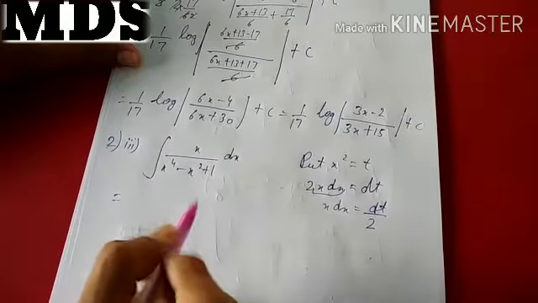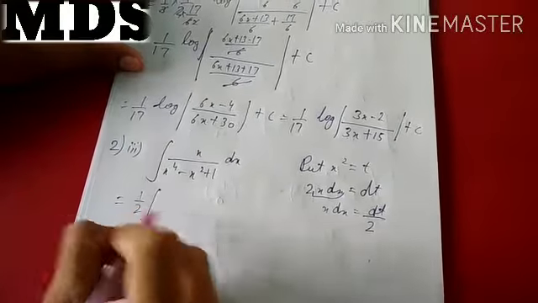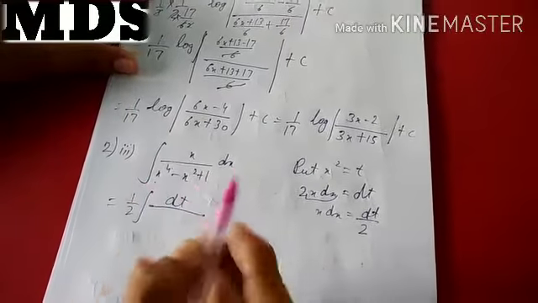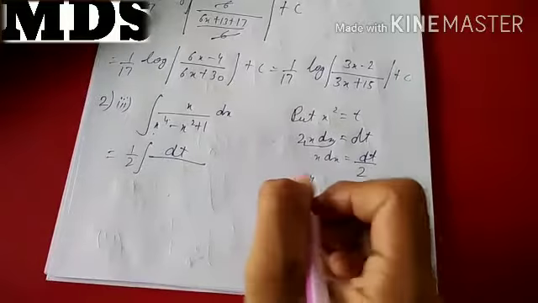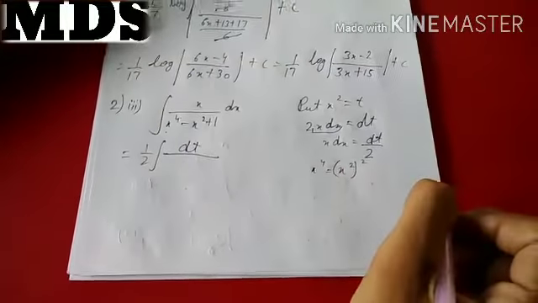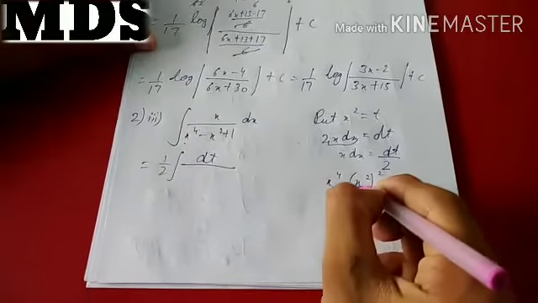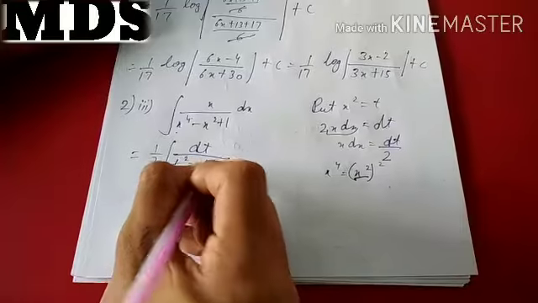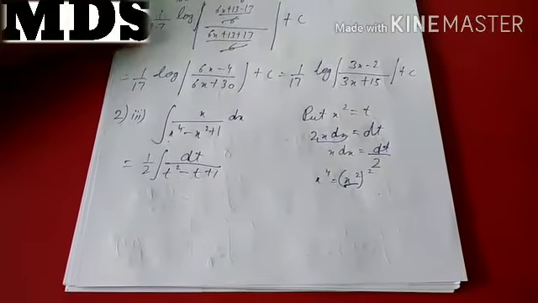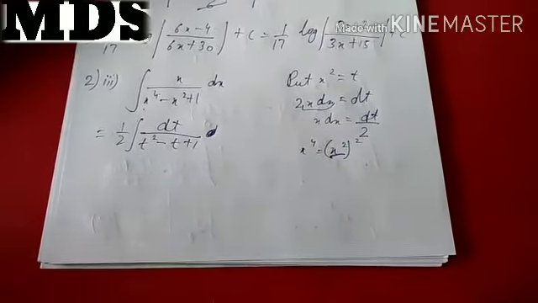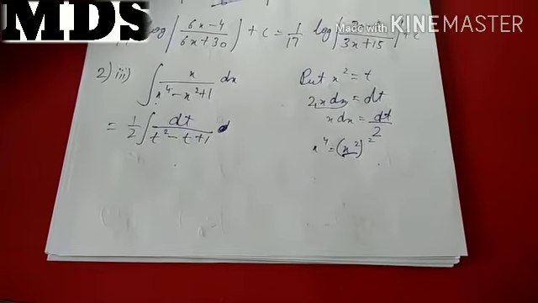So my question will now be 1 by 2 outside, dt by, now x raised to power 4 can be written as square of x square. But my x square is t, so square of t minus t plus 1. Okay, this is my question.